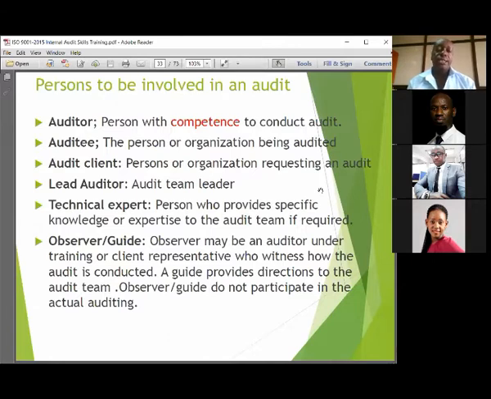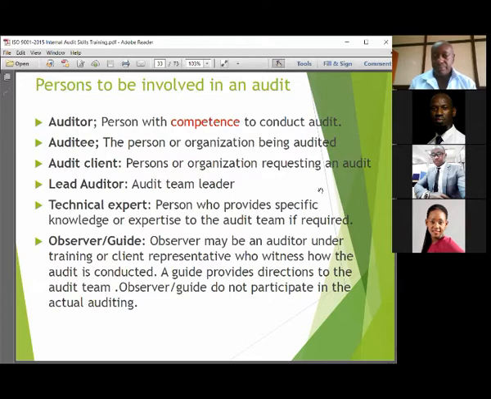Even during the external audit, we will be the audit client for those external auditors to come and audit us. Auditor usually is an audit team leader. So if we are maybe 3 of you, one will be chosen to be the team leader. You can either call that person a team leader or a lead auditor, leading the team.